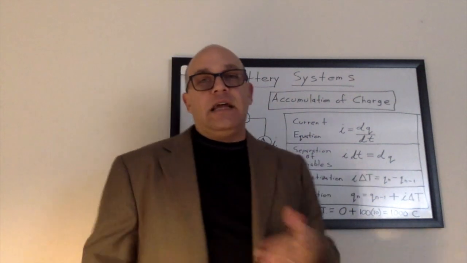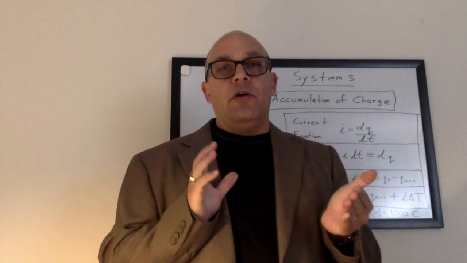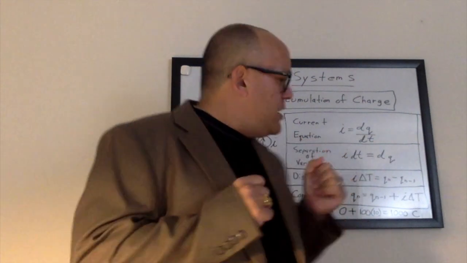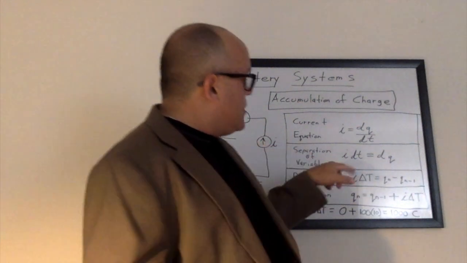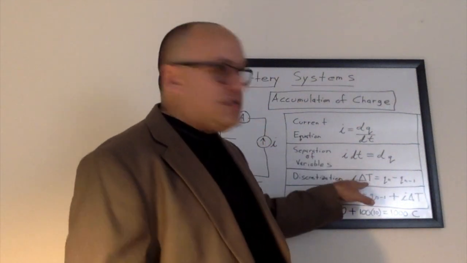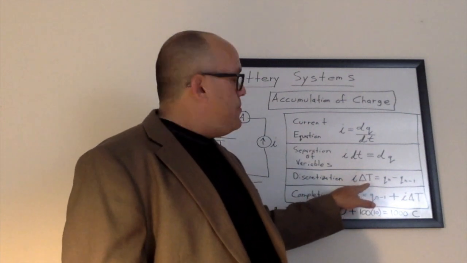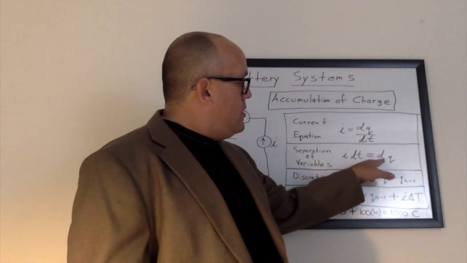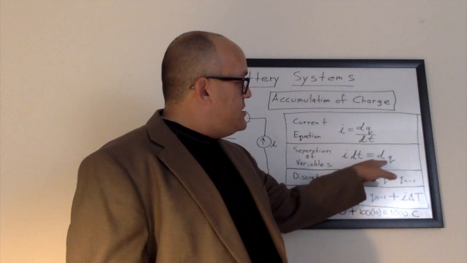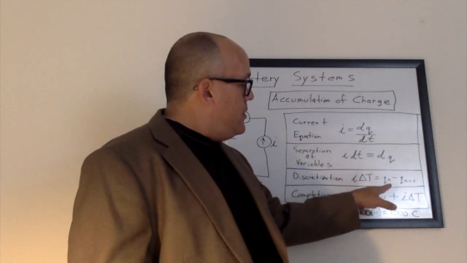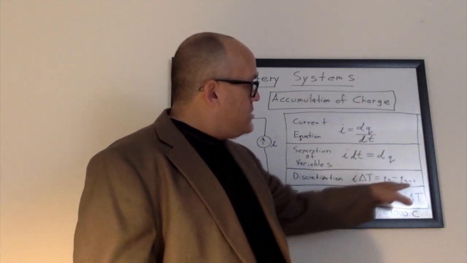Separation of variables done. Now we're going to discretize the variables, going back to either our college calculus or perhaps computer science. How do you discretize variables? Convert dt into delta t, which becomes a time interval. I delta t equals, let's discretize the instantaneous piece here, q n minus q n minus 1.